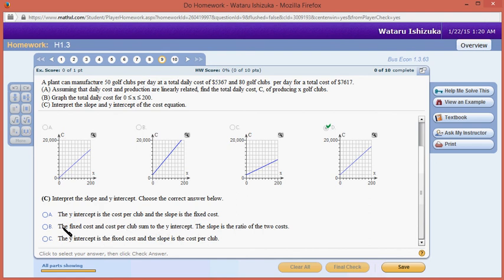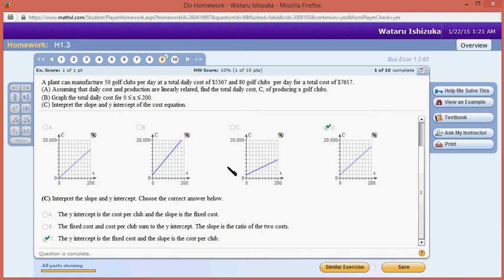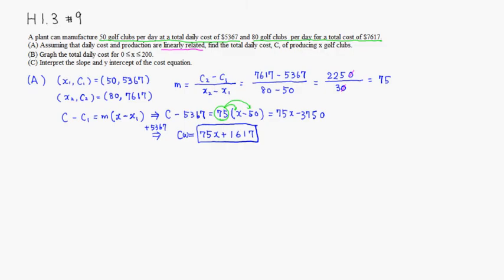I don't know what that means. The y-intercept is the fixed cost, and the slope is the cost per club. So this is it. Let's check the answer. We got that, and that's it. So that was problem 9. I hope that this was clear.